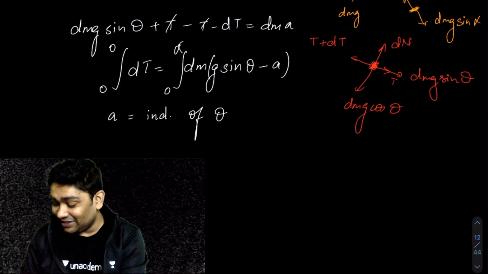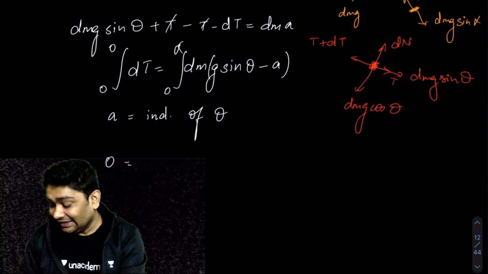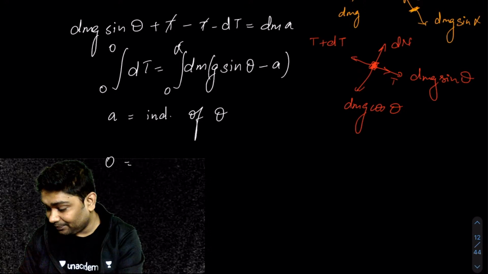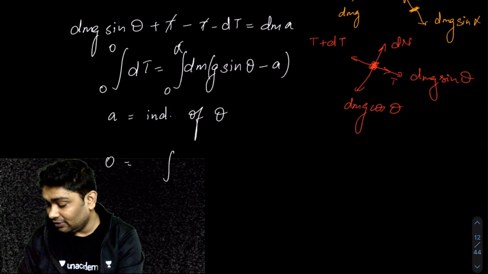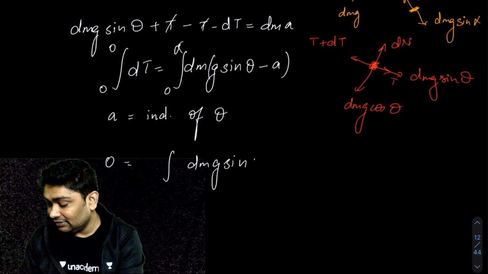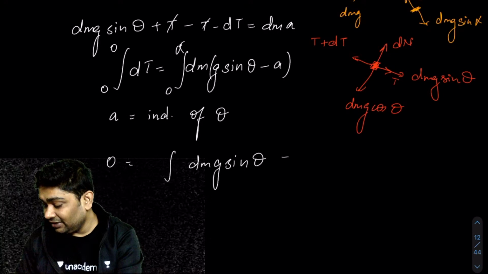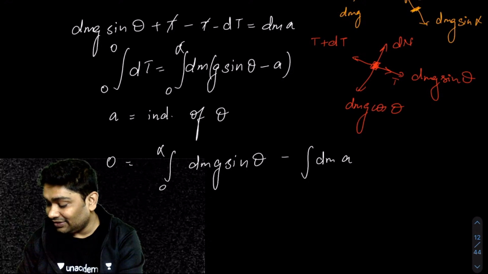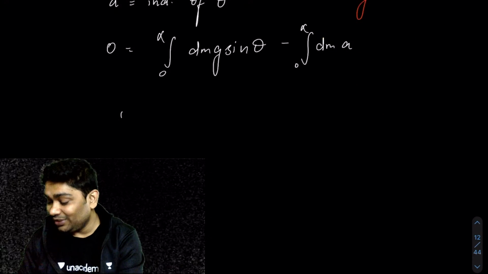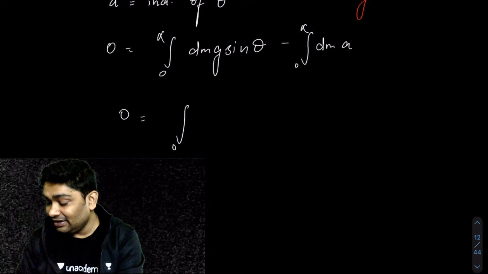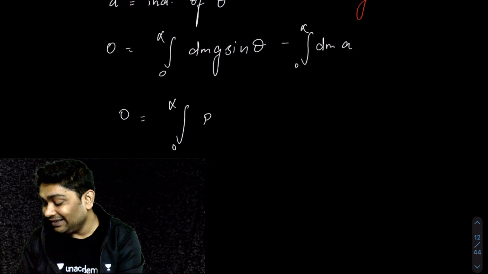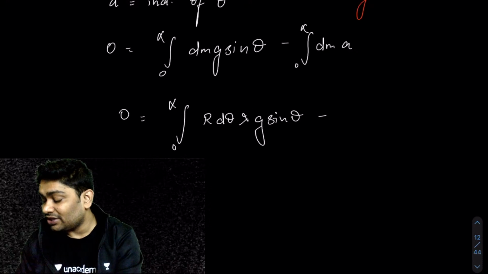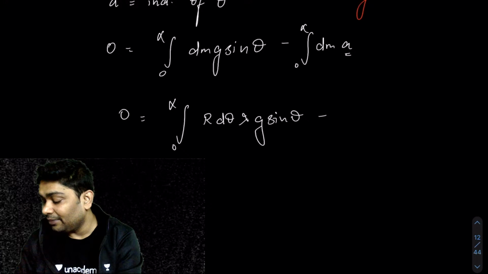Now, if I integrate this, I will get 0 here, and here I will get the integral of dm g sine theta minus the integral of dm a, from 0 to alpha. So 0 equals, from 0 to alpha, dm written as r d theta lambda, times g sine theta, and I know a is constant, so a times the integral of dm, that would be ma.